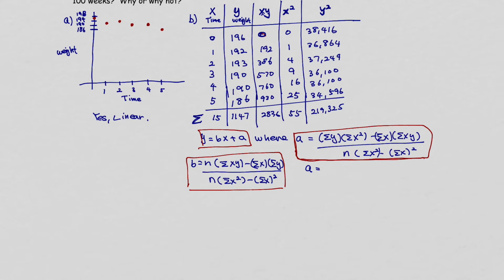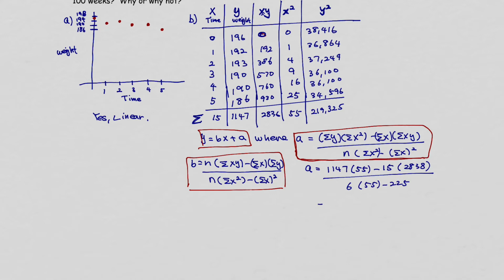Summation of y, 1147, times summation of x squared, 55, minus summation of x times summation of x times y, all over n is 6, the number of the data again, times 55 minus 225.